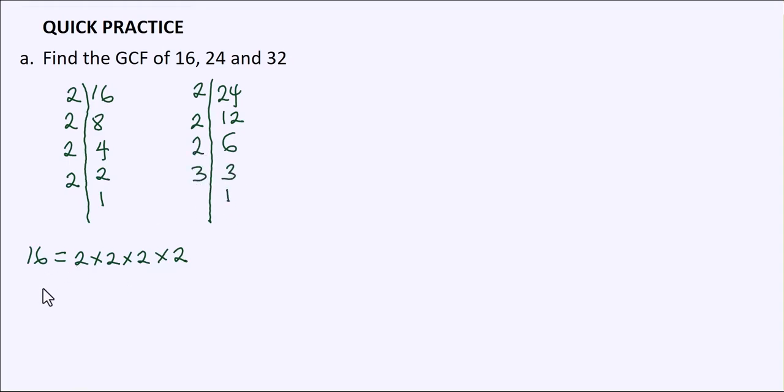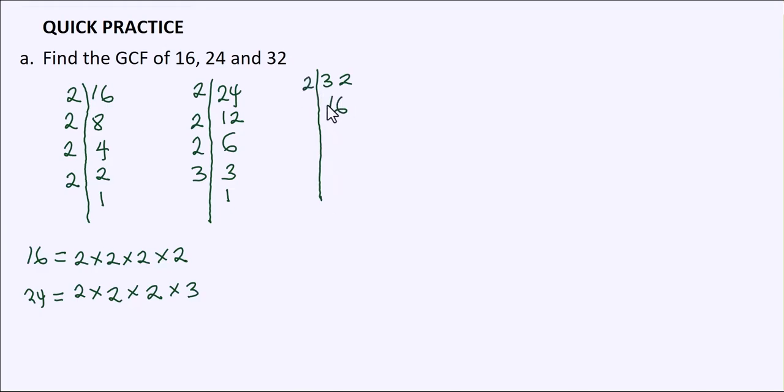So for 24 we'll have 2 multiplied by 2 multiplied by 2 multiplied by 3. And finally, we'll have 32. So let's divide 32. 32 divided by 2 is 16, right?